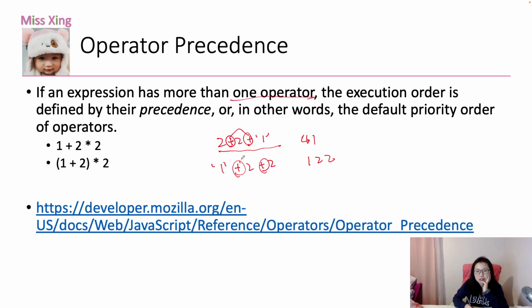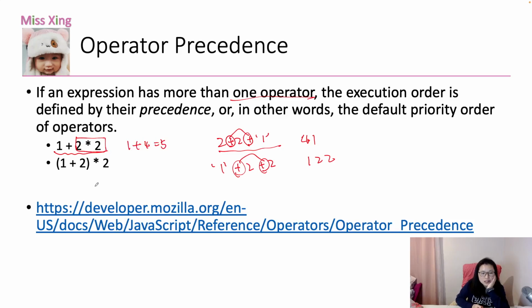The execution order is defined by the precedence, in other words, the default priority of the operators, which one should be executed first. Based on math, we know the multiplication gets executed first, so it's going to be 1 plus 4 equals 5, right?